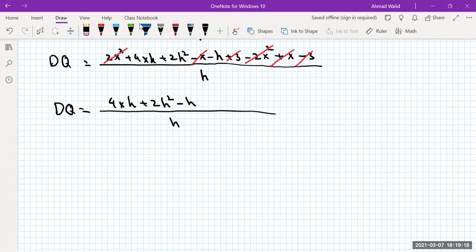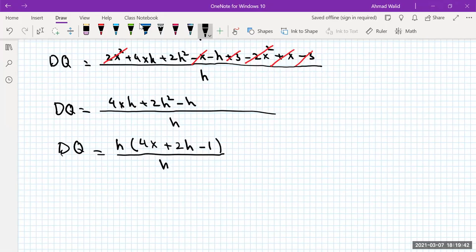I didn't focus. Now, what you can do here, can I take h as common, or factor h in the top? Then I can write difference quotient equals, I'll take h as a common, 4x plus 2h minus 1. Am I right? Over h. H cancels out with h, then your difference quotient will be 4x plus 2h minus 1.